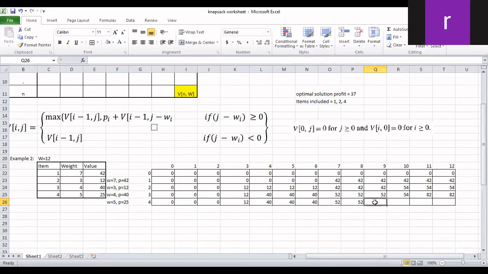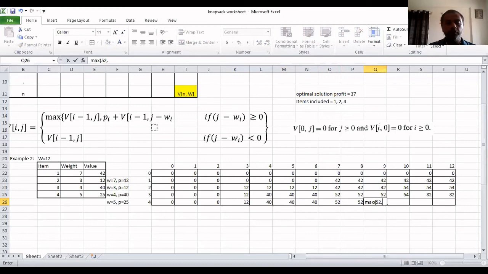So it is a maximum of previous profit, 52, and 25 plus 9 minus 5, that is column number 4, so 40. We get a profit of 65. Over to the next one.